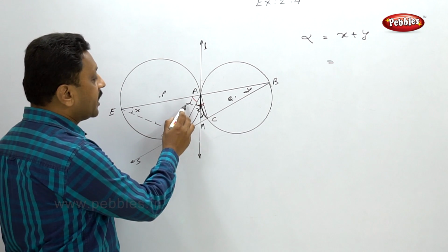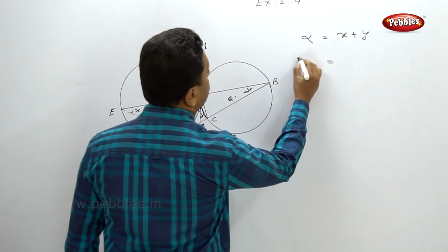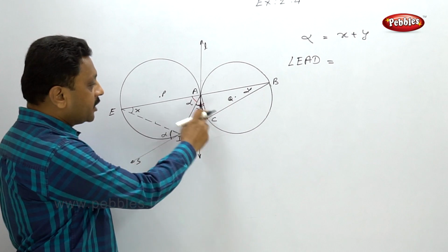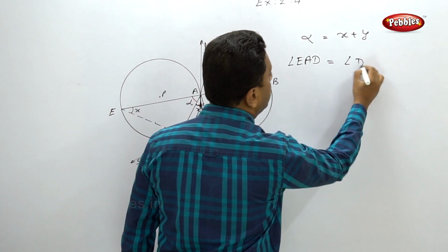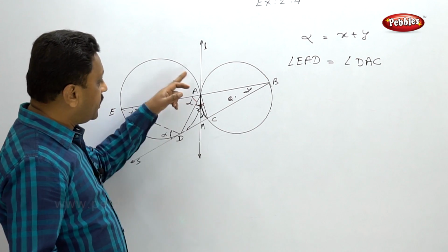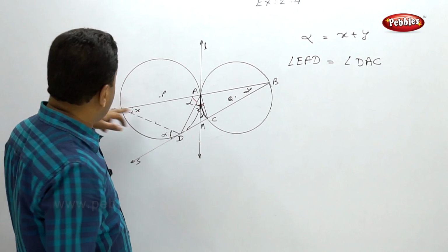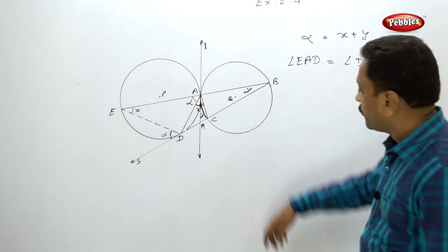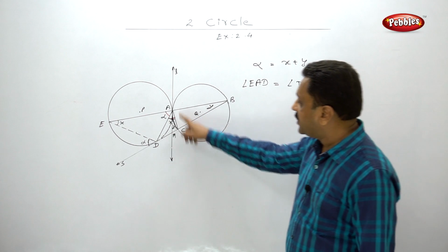Okay, this is angle alpha, so angle EAD, and this X plus Y I can name angle DAC. So since angle DAC and EAD are equal, that means this AD is the angle bisector of CAE.